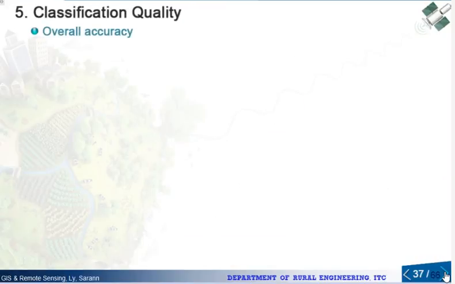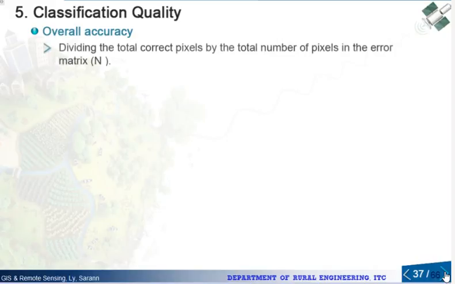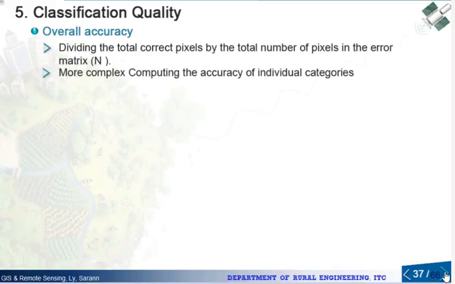The overall accuracy of the classification map is determined by dividing the total correct pixels, that means the sum of the major diagonal, by the total number of pixels in the error matrix N. Computing the accuracy of the individual category, however, is more complex because the analyst has the choice of dividing the number of correct pixels in the category by the total number of pixels in the corresponding row or column.